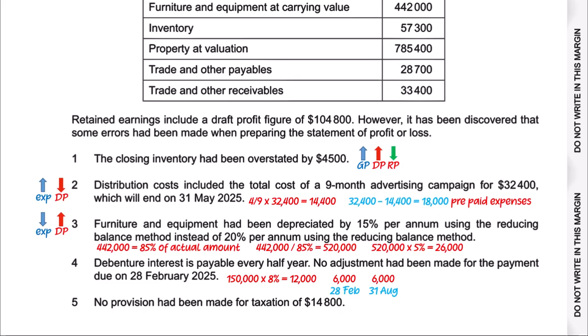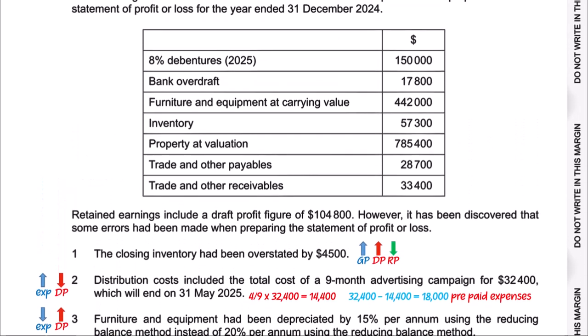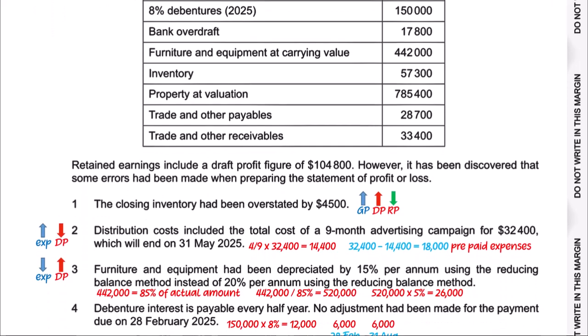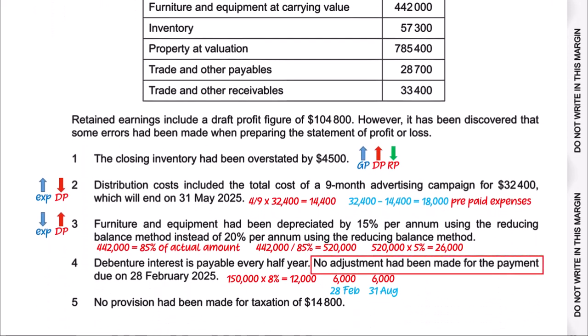However, the financial year of the business ends on 31 December 2024. The statement no adjustment had been made for the payment due on 28th February 2025 means that this amount relates to the time period from September 1, 2024 to February 28, 2025, which has not yet been paid.